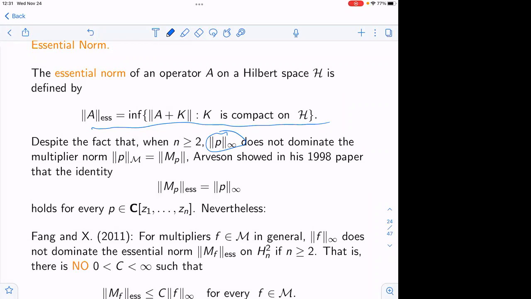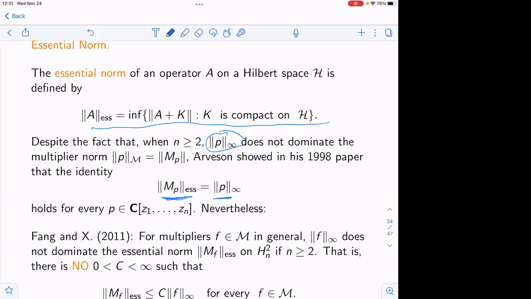However, in his 1998 paper, Arveson actually showed that even though the H infinity norm does not dominate the multiplier norm, the H infinity norm for polynomial actually equals the essential norm of the multiplication operator by the polynomial on the Drury-Arveson space.